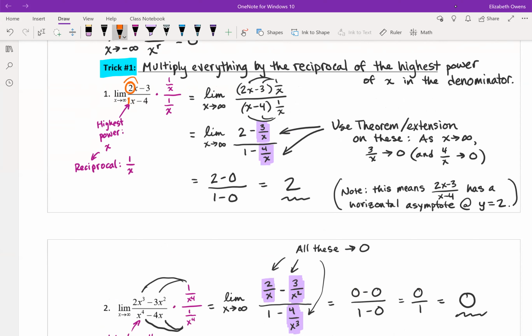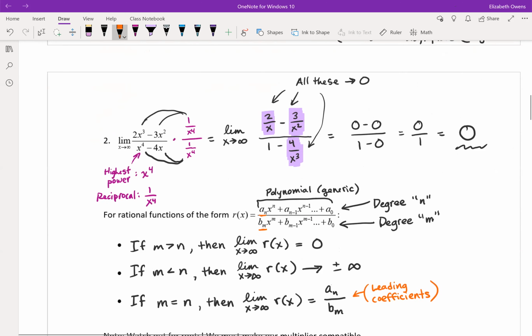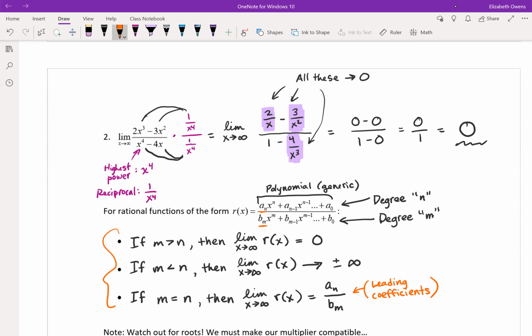That would be 2 over 1, which is 2, exactly like we had found. So again, you can do this with the process of multiplying by the reciprocal of the highest power, and use the theorem and extension. Get used to doing that because you can't always use these shortcuts. But if you want to use them, there they are.